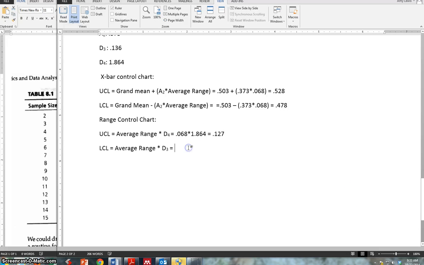For my lower control limit, again 0.068 times D3, which is 0.136, which works out to 0.009. Okay, so in this case, for question 3, my control chart limits for the X bar chart go from 0.478 to 0.528, and then for the range from 0.009 to 0.127.